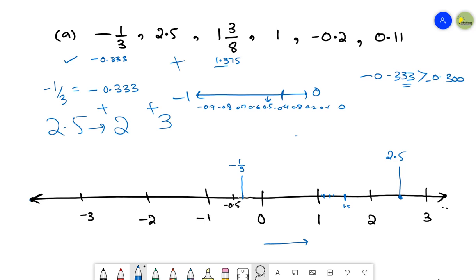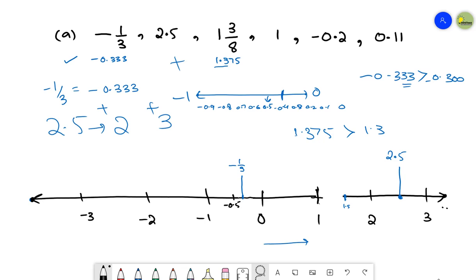And 1.375 is a little higher value than 1.3. So it is going to be slightly on the right, at a very short distance. I can easily plot it somewhere over here.